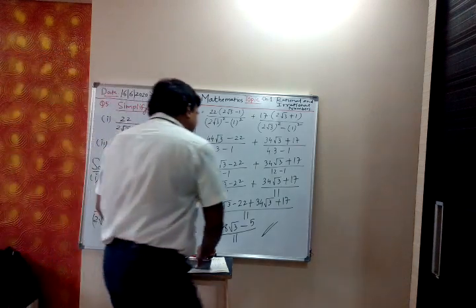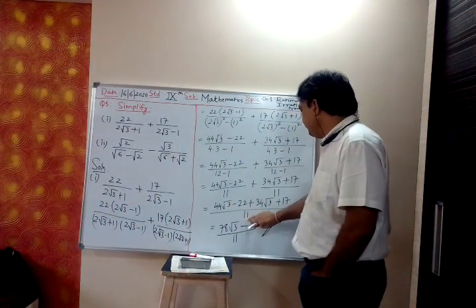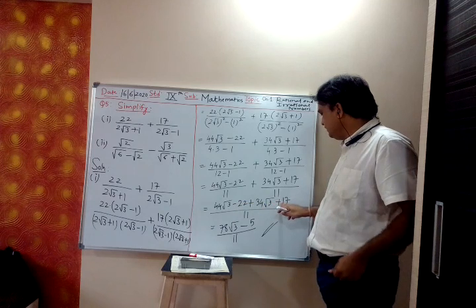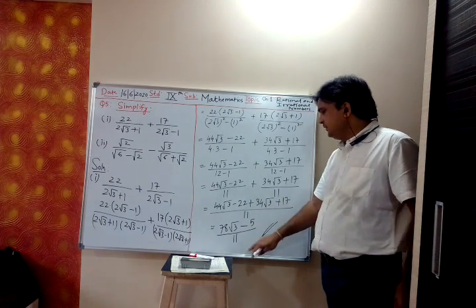Minus 5, because we have simplified. See, minus 22 plus 17 is minus 5.